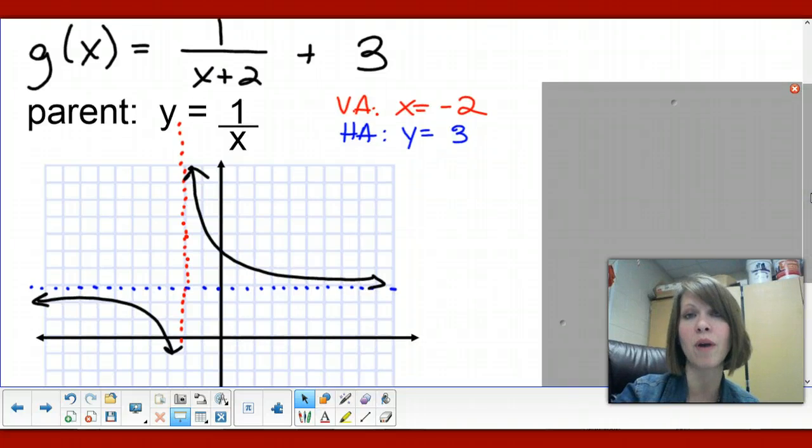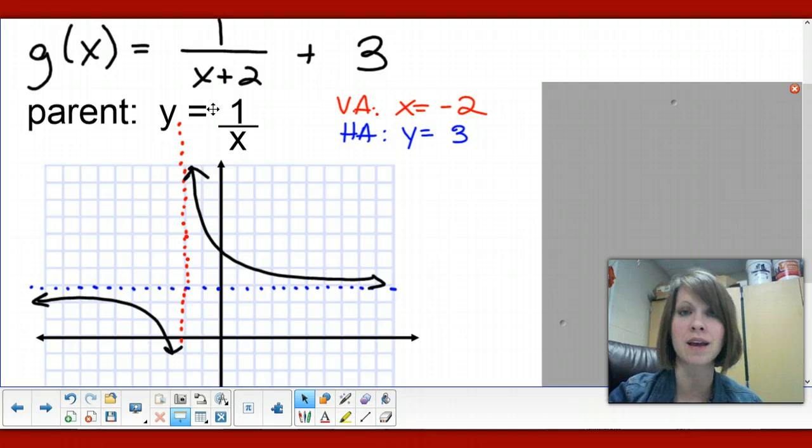And that allows us to graph it with transformations instead of going through that 7-step or 3-step process as I condensed it to. Okay, the horizontal asymptote, just to go over that really quickly, this right here is bottom heavy. Bottom heavy means a horizontal asymptote of y equals 0, which is your x-axis. But the plus 3 takes the y equals 0 and makes it y equals 3. So it shifts the asymptote up 3 as well.